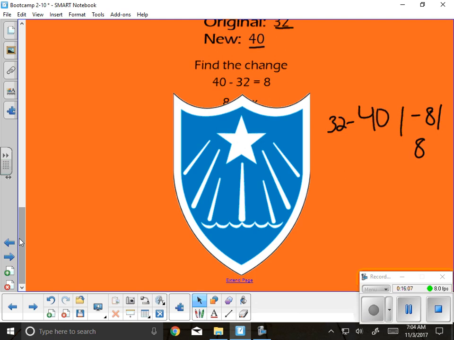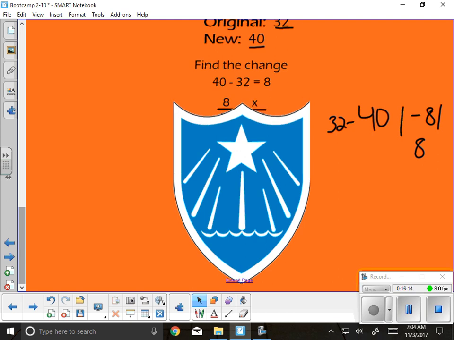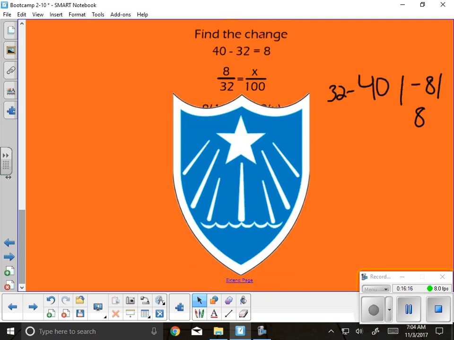It's just going to make it a lot easier, and hopefully make the proportion make more sense for you. Again, set up your proportion: 8 over 32 equals x over 100, because we're trying to find the percent of change.